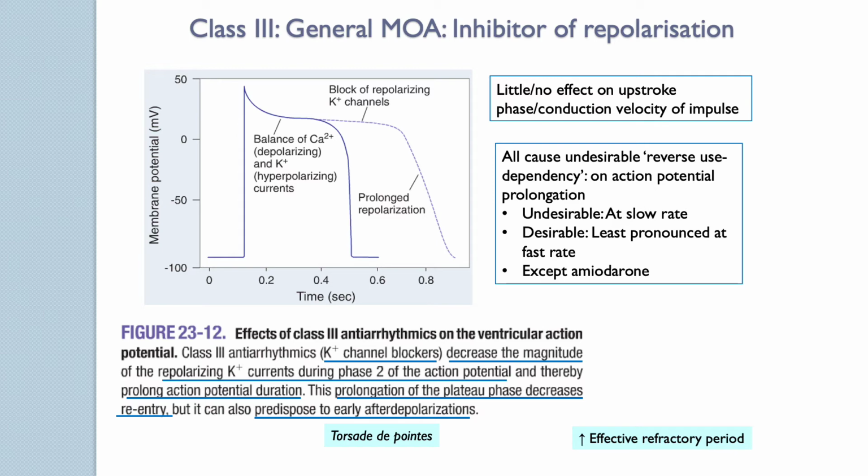Another one is called amiodarone. Amiodarone is very special, because if you look closely into the mechanism of action, which you can see in the handout, it covers class 1, 2, 3, and 4.